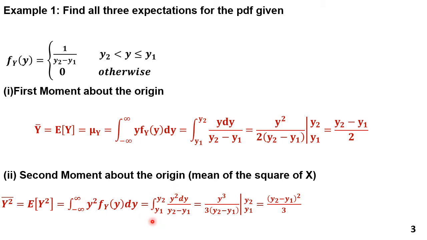So therefore, it is the integral of y square dy over y2 minus y1 between the intervals y1 to y2. When we integrate this, we get y cube by 3 times y2 minus y1 between the limits y1 to y2. When you simplify this, we get y2 minus y1 square by 3.